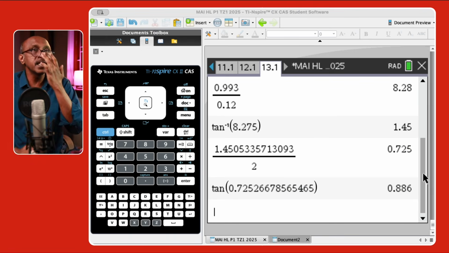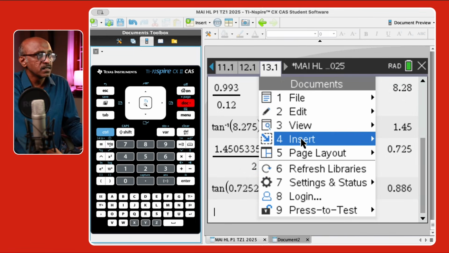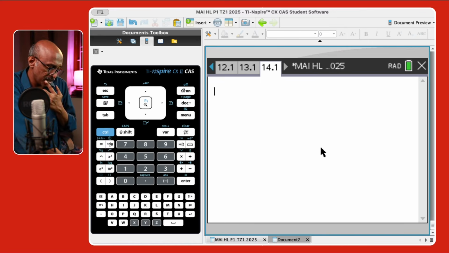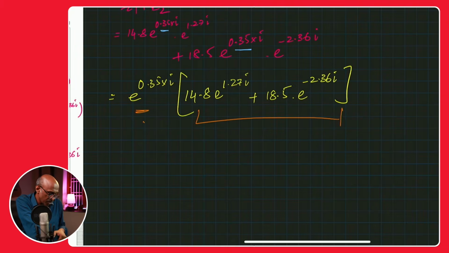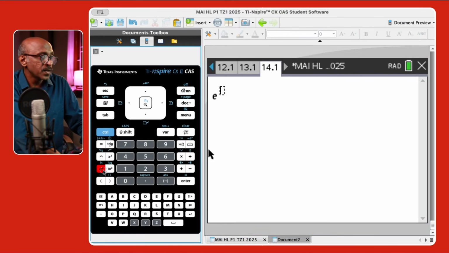Quickly jumping to the calculator, we will insert a calculator page, meaning a new problem first, and there's a calculator page there. And I'm going to enter just that term, that 14.8 e to the power of 1.27i. So on this screen, I need a 14.8 first.